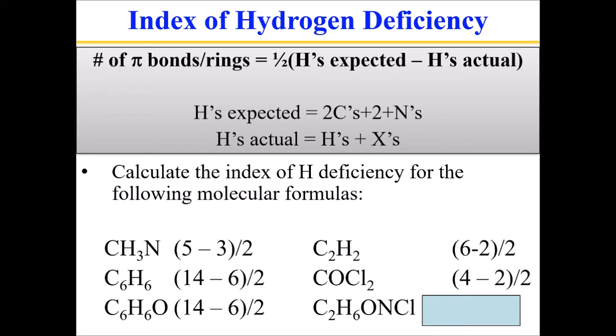And again, notice that the presence of the oxygen had no impact at all on the way that I did my math. This molecule has an index of hydrogen deficiency of 0, which tells me that knowing nothing more than the molecular formula, I can already rule out the possibility, in this case, of there being any pi bonds or rings inside the system.